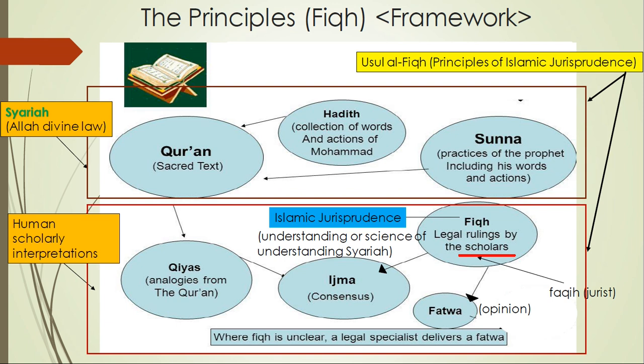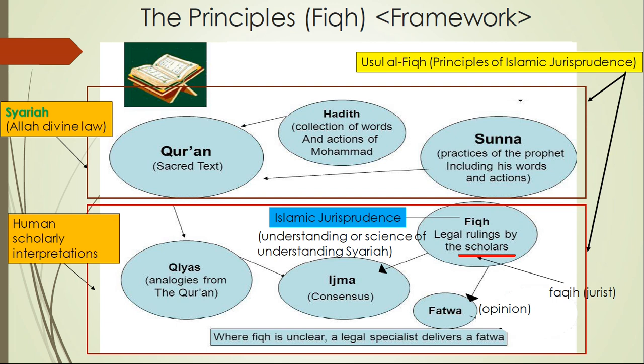Say, for example, COVID-19 right now, the consensus of the whole ijma, people or scholars in Malaysia, decided that Salat Jumaat is to be postponed. And we have this fatwa, yeah, after consensus, normally they will come up with a fatwa, meaning opinion.